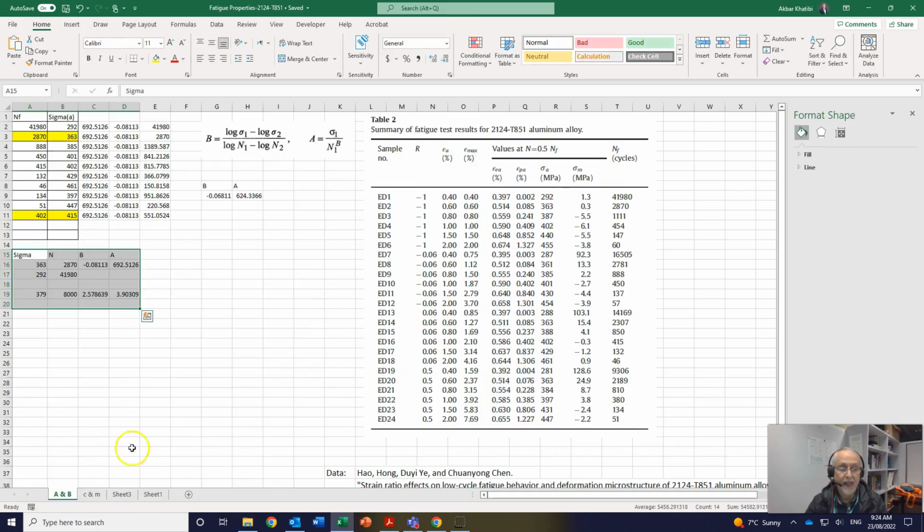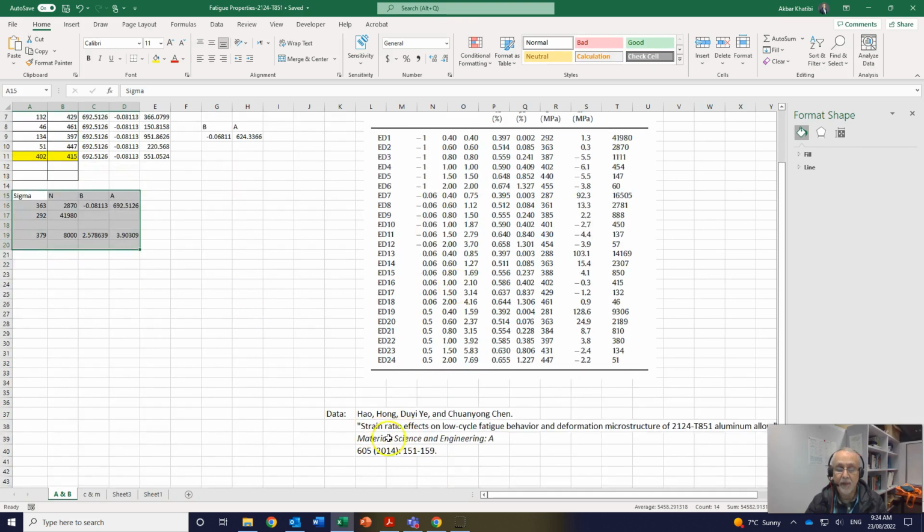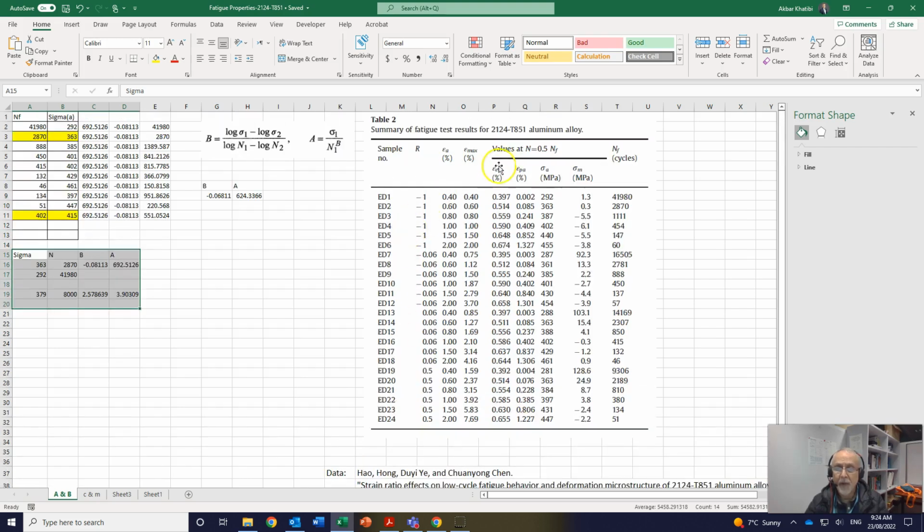For A and B, this is the table from the other paper, again available in that shared folder. Remember, when we talked about equations for A and B, we mentioned that the mean stress needs to be 0.